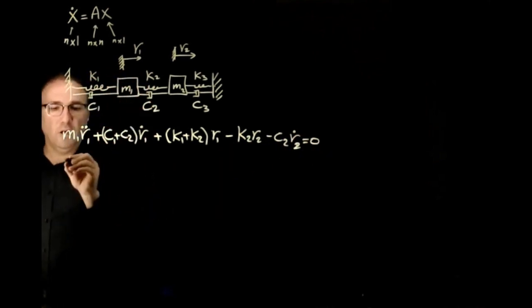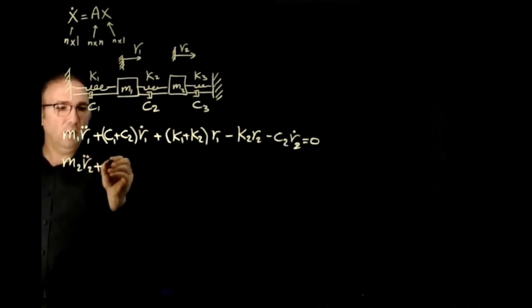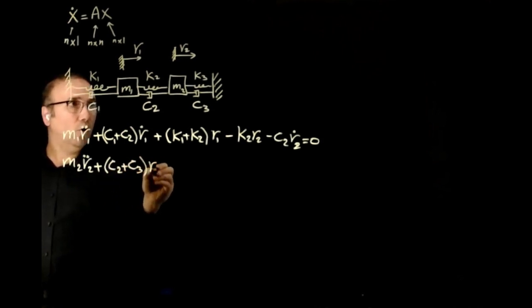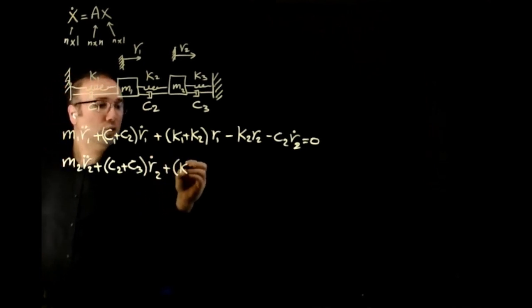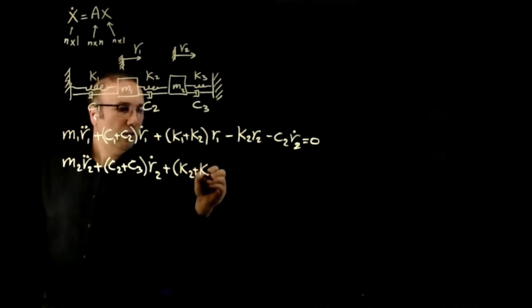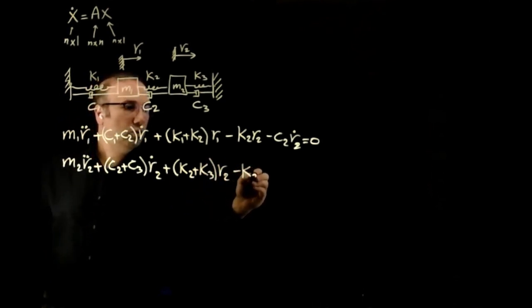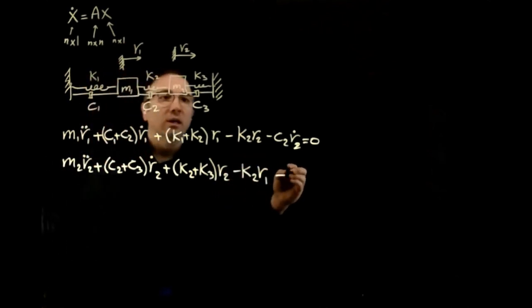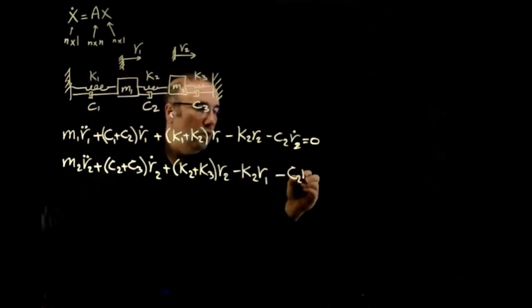And for the other mass, I would have M2 R2 double dot plus (C2 plus C3) R2 dot plus (K2 plus K3) R2 minus K2 R1 minus C2 R1 dot equals 0.